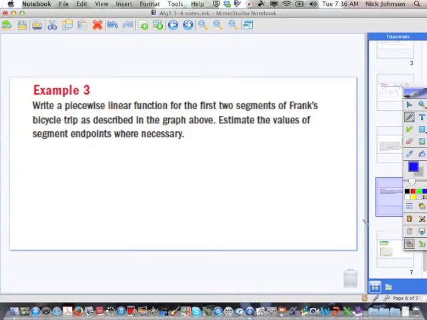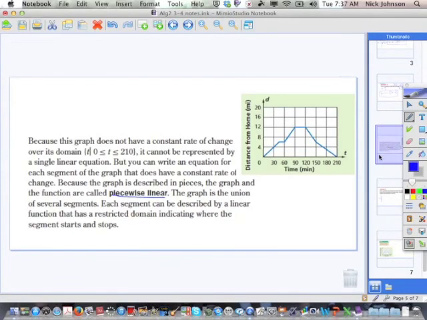Example 3 says, write a piecewise linear function for the first 2 segments of Frank's bicycle trip as described in the graph above. Estimate the values of the segment endpoints where necessary. So, here's my piecewise function: y equals, and then we're going to look at the first 2 segments, from 0 to 45 minutes and from 45 to 60.